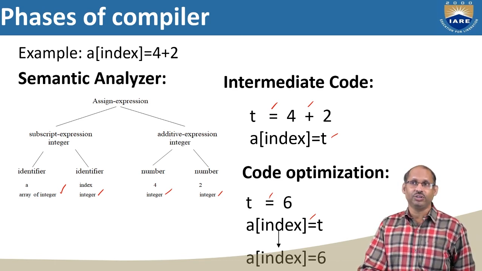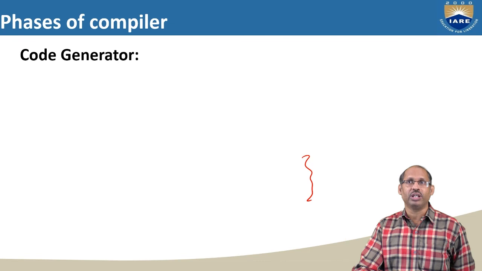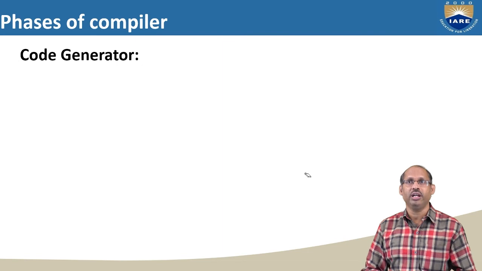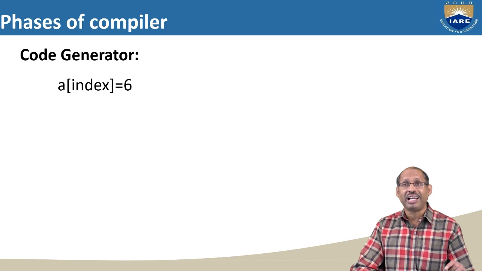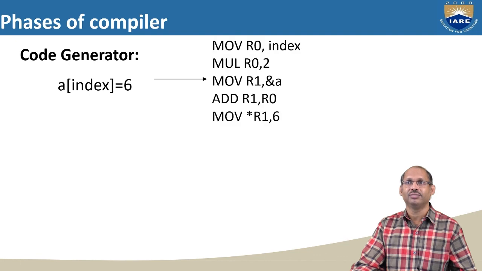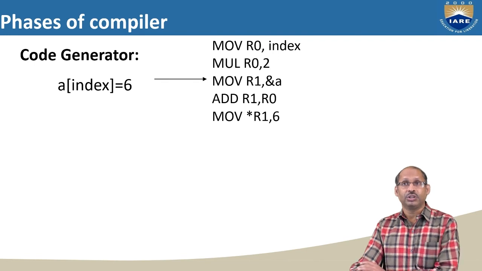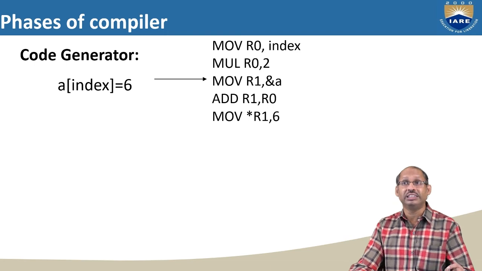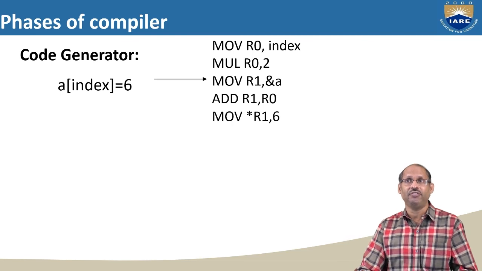A of index equal to 6, the optimized intermediate code, will be the input to the code generator, right? Then the task of the code generator is to convert this optimized intermediate code to assembly language and machine level language forms. So the single statement of optimized intermediate code is converted to 5 lines of assembly statements.